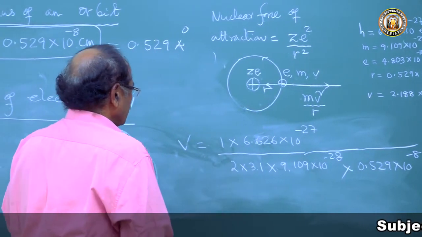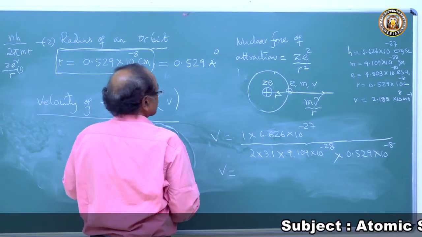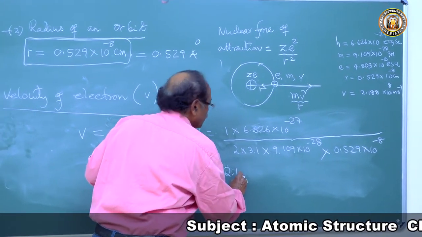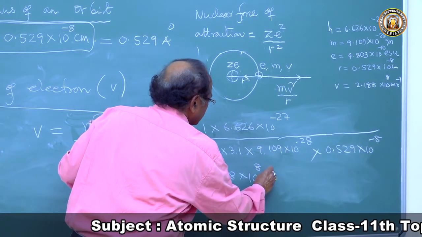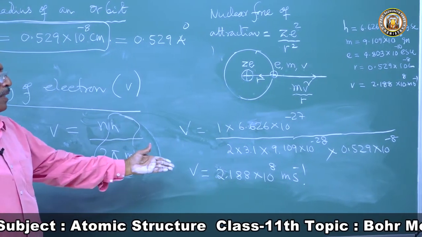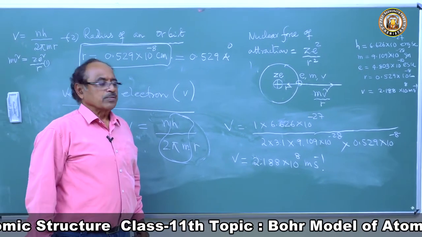So if you solve this, the velocity of the electron comes to 2.188 into 10 to the power 8 centimeters per second. So this is the velocity of electron moving in the first orbit of hydrogen atom.